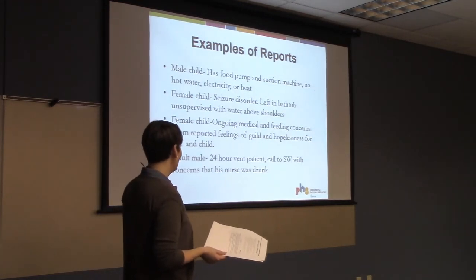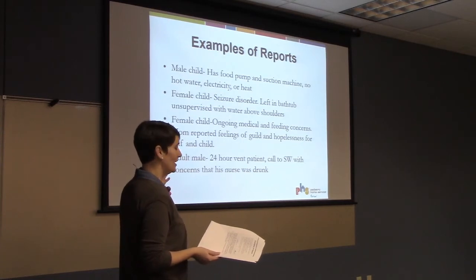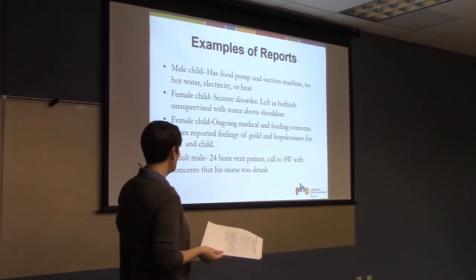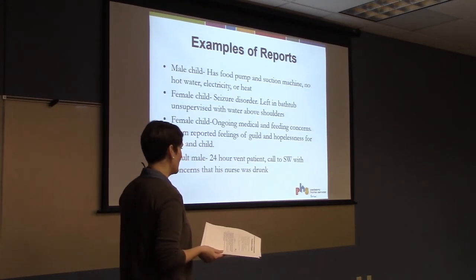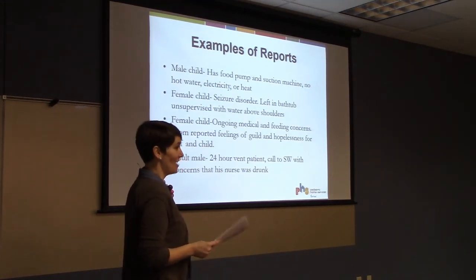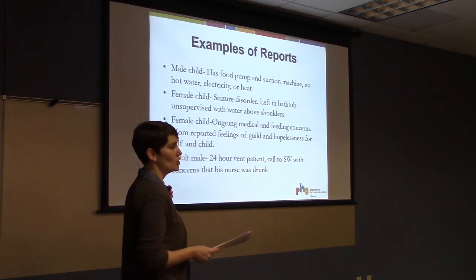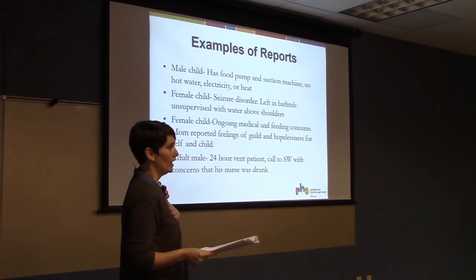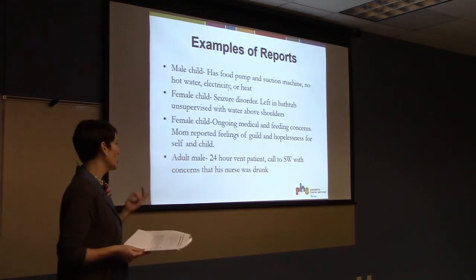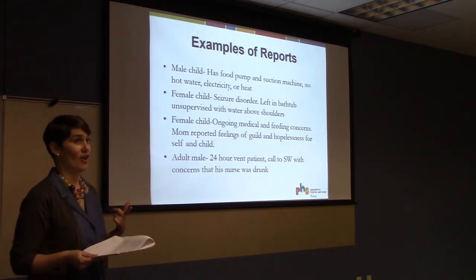And then he's not one of our HCN patients. He's an adult male, 24-hour vent patient. He called me frantic. He had a family member who's not a caregiver, not trained, but there was a nurse in the home and they thought he was drunk.